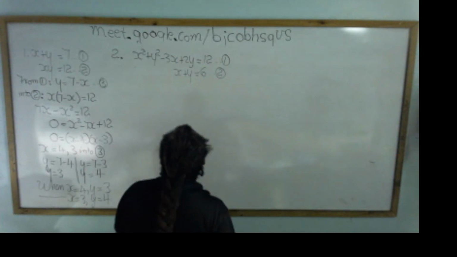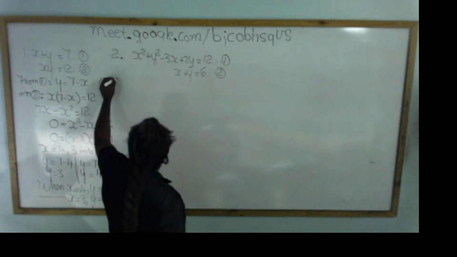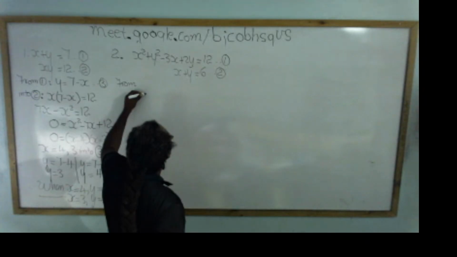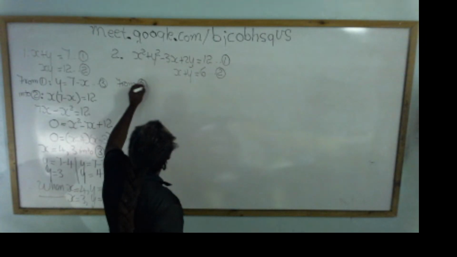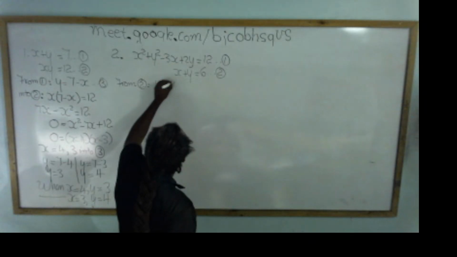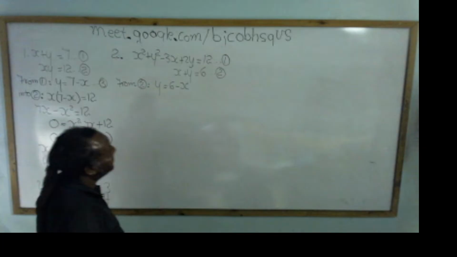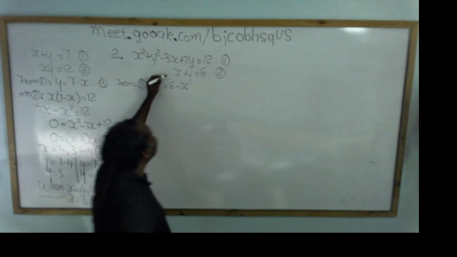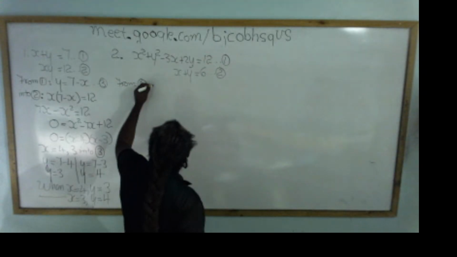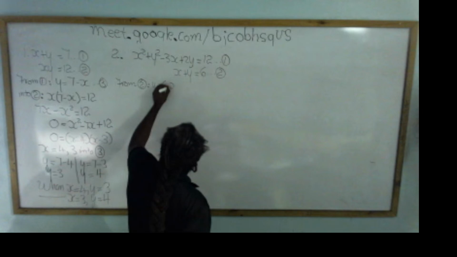So of course, we're going to use the simpler equation. From equation 2, we may write y is equal to 6 minus x, and that is equation 3.